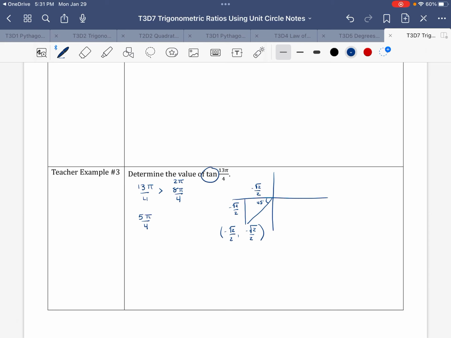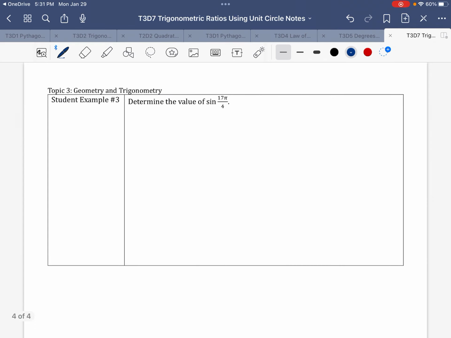Thinking about tangent as opposite over adjacent, here's my opposite, here is my adjacent, and I can just make a big fraction, right? So tangent of 5 pi fourths equals negative root 2 over 2 divided by negative root 2 over 2, which simplifies to 1. Anytime the numerator and the denominator are the same, they equal 1. So our final answer, tangent of 13 pi fourths equals 1. Go ahead and try student example number 3 on your own.